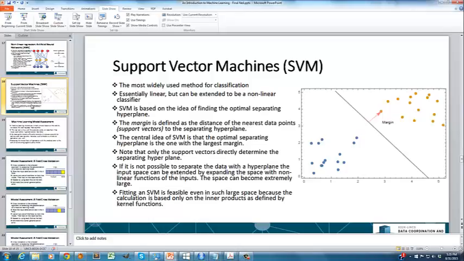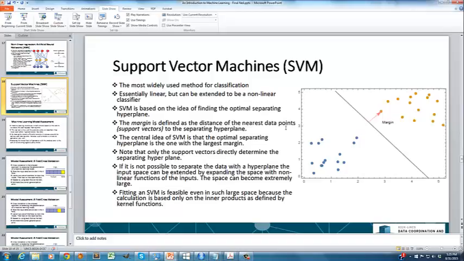So earlier in this talk I showed you an example of a linear method for classification whereby the space was divided into two with a linear boundary. The idea of the support vector machine is that the optimal boundary is the one which maximizes the margin.